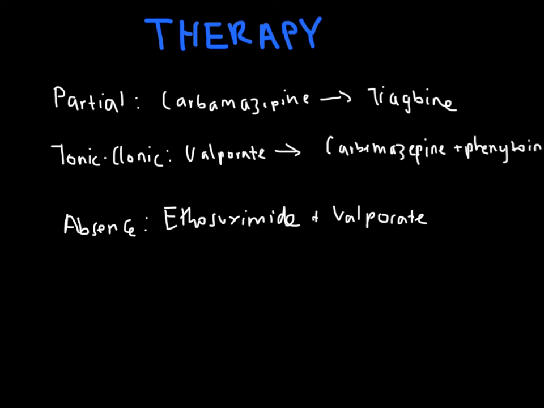For tonic-clonic, we're going to have valproate, which is a GABA transaminase inhibitor, followed by carbamazepine and phenytoin, our sodium channel blockers. And then for absence seizures, we have ethosuximide, which is a T-type calcium channel blocker, followed as well by valproate, which is once again a GABA transaminase inhibitor.